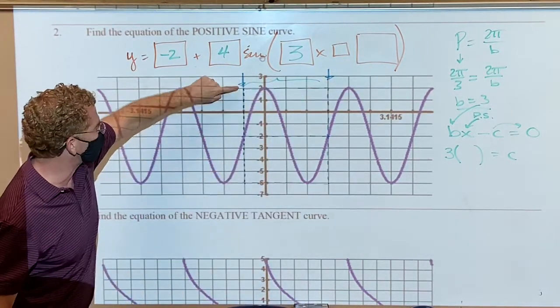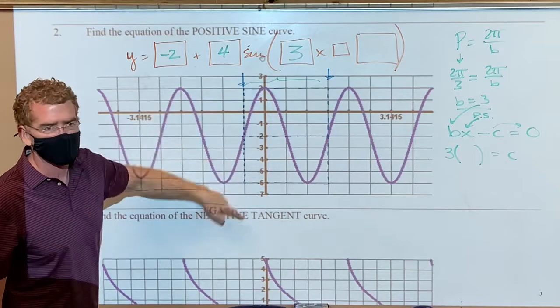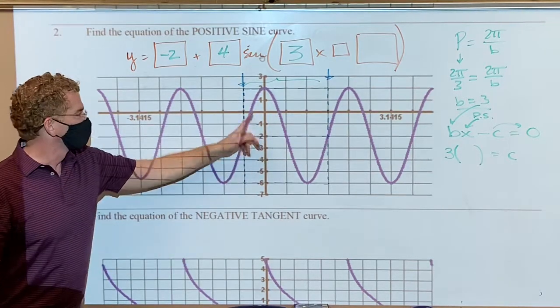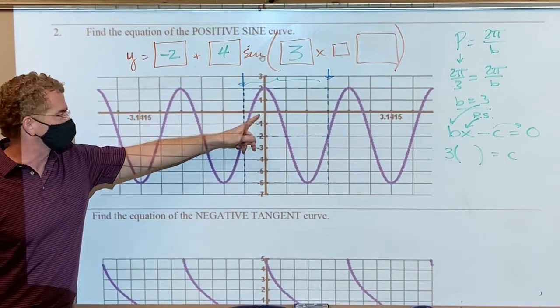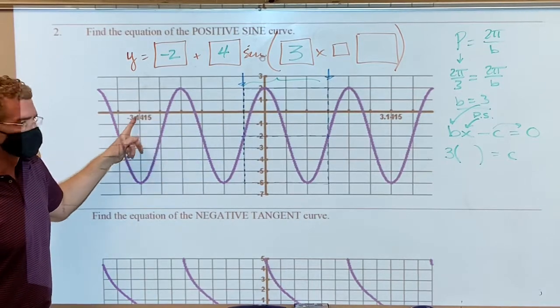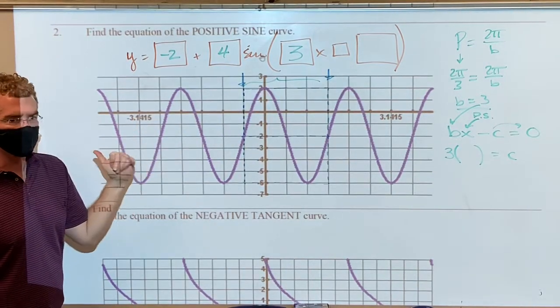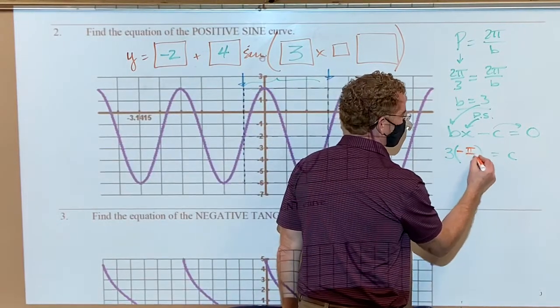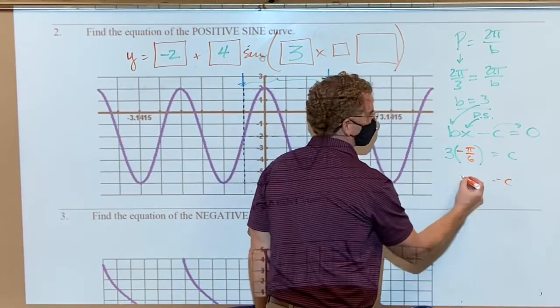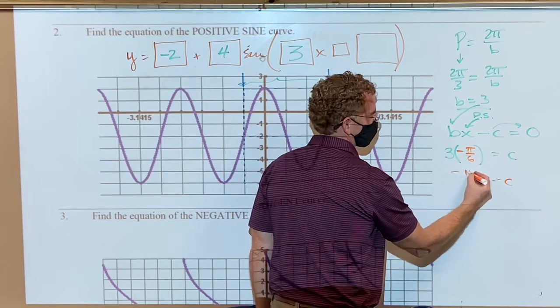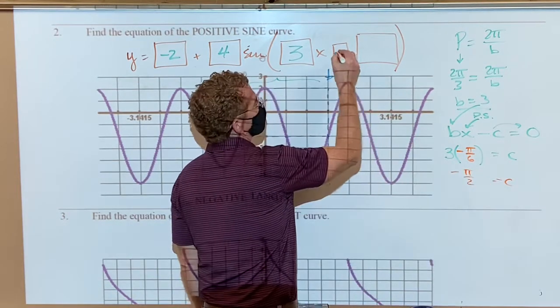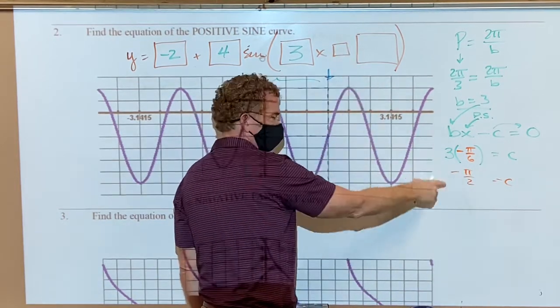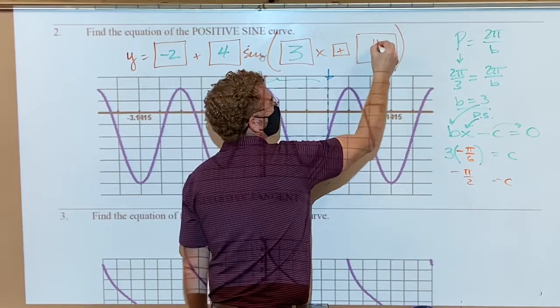So what if you use that? What is this value for phase shift? That's right, negative pi over 6, because it's 1/6 to the left, so negative pi over 6. So if I chose to use negative pi over 6, then my c value would be negative 3 pi over 6 or negative pi over 2. So I would go minus a negative, changes it to plus, pi over 2.